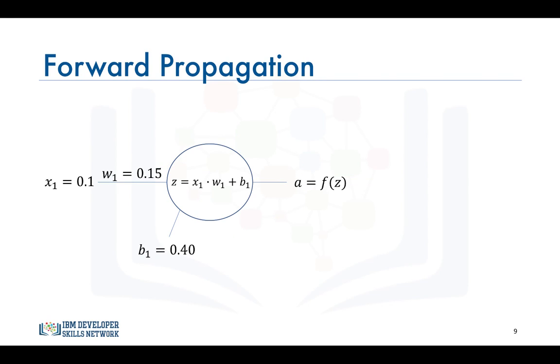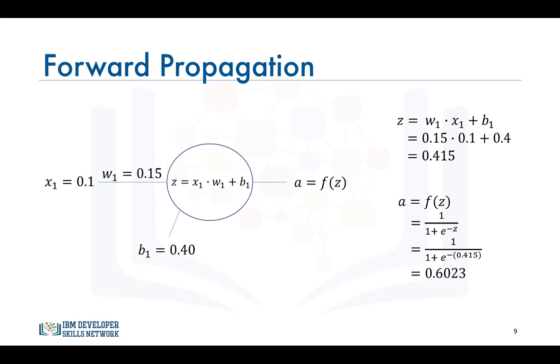The first step is to calculate Z, which is the dot product of the inputs and the corresponding weights plus the bias. So we find that Z is 0.415. The neuron then uses the sigmoid function to apply nonlinear transformation to Z. Therefore, the output of the neuron is 0.6023.